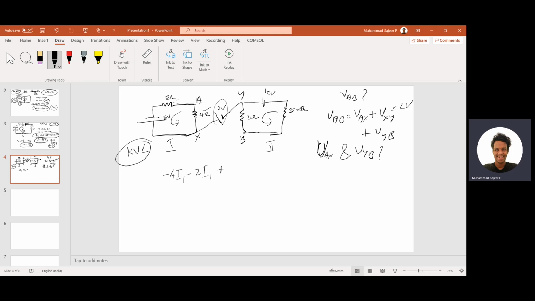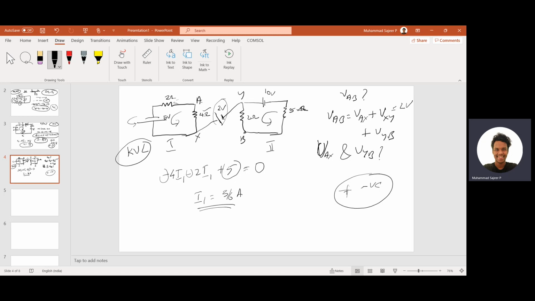You know that the current always goes from positive to negative, right? But here you see there is a voltage source moving from negative to positive, so I should take it as positive, because otherwise you are taking negative, right? Confusing, right? You should be confused, that's my idea. Okay, and the sum should be 0. Then I1, you should just rearrange, it will come to 5 by 6 ampere.